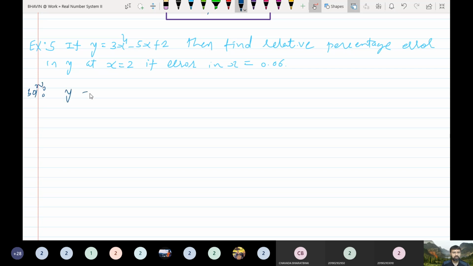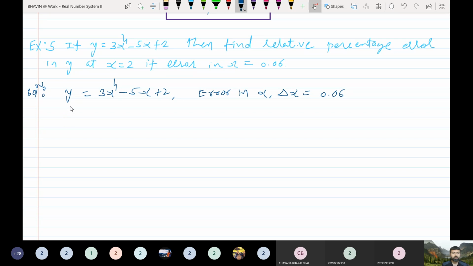Here y is given as 3x raised to 4 minus 5x plus 2. Error in x, delta x, is given: delta x is equal to 0.06. So we want to find the percentage error in y at x equal to 2.